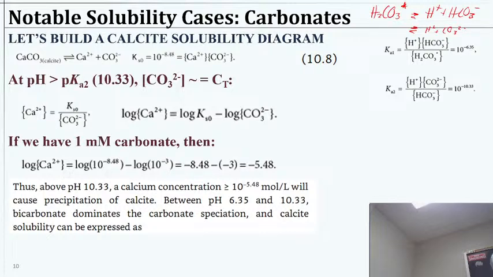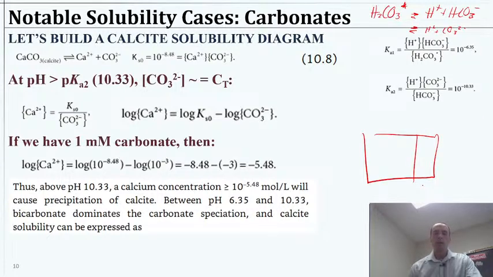If we took a pH above 10.33, we are above that second Ka. That means we can simplify to say the majority of the total carbonate is in this carbonate form. That's going to be an assumption that lets us plot out what this graph looks like under those conditions. So we're going to start drawing our graph, starting with the high pH area.